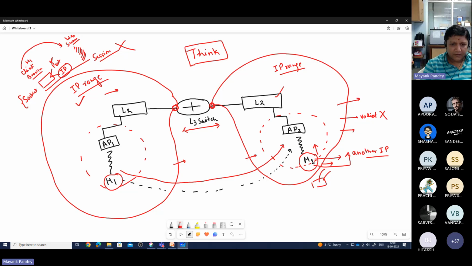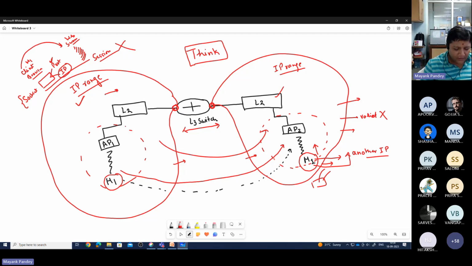When you are changing from one network to another network, you cannot keep your IP address, which is going to be invalid in the next network. And as soon as you change the IP address, you cannot keep those sessions running because you need to open another socket and do all those kinds of things.